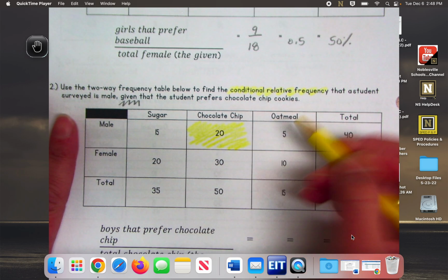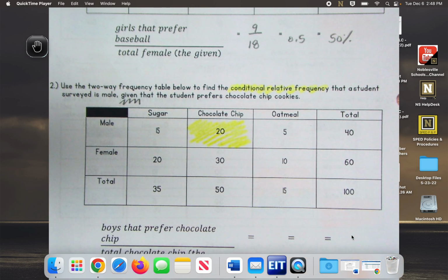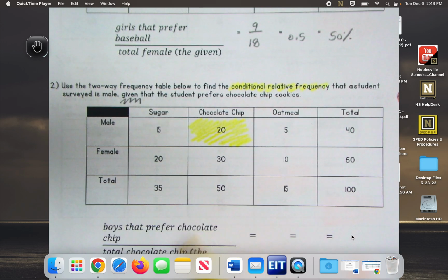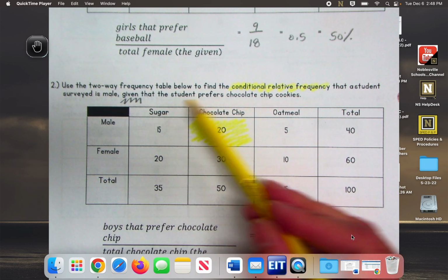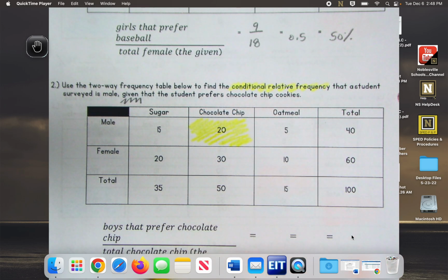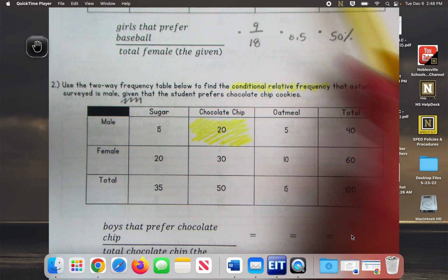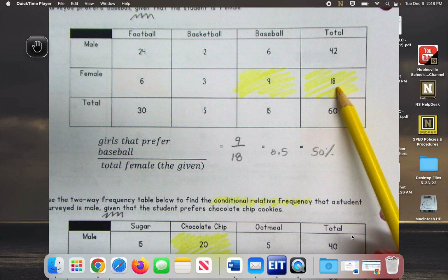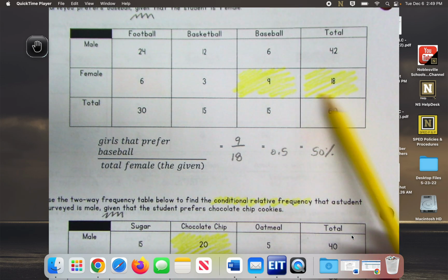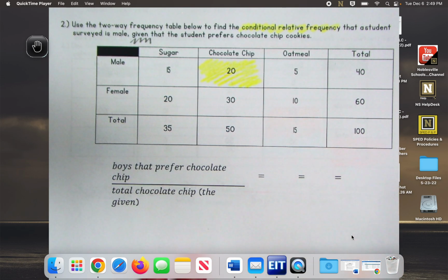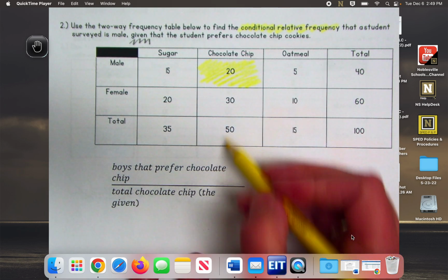And then what is the given? 40. No, it's 50 because it's the total chocolate chips. Total chocolate chip, right? Given that the student prefers chocolate chips. So the given is going to be the chocolate chip total, right? Just like up here, the given was that the student was female. Not that they prefer baseball, but that they were female. So it is going to be 20 out of 50.